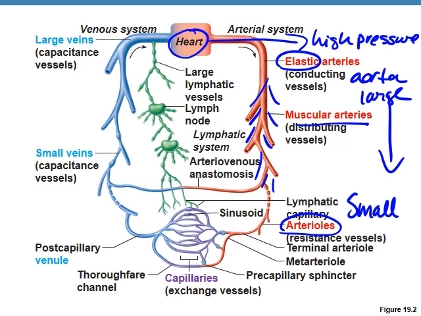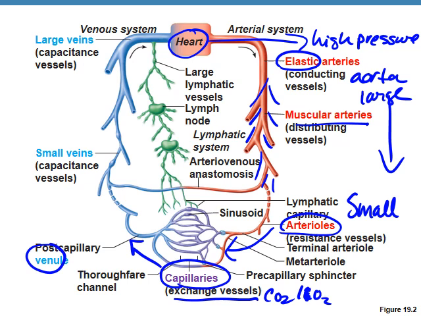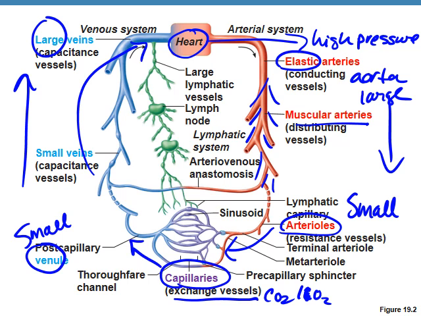We get to arterioles. Arterioles lead directly to capillary beds. This is where we exchange gases and nutrients. And then the waste gets picked up by the venule, and then we go from small all the way up to large and return the waste and the CO2 back to the heart. This is under low pressure.